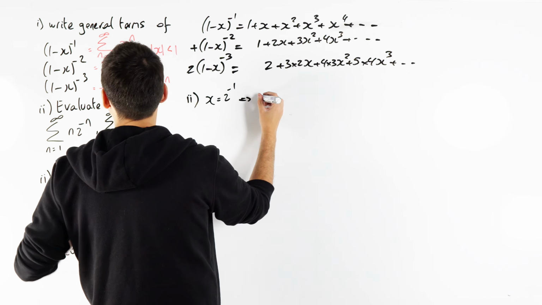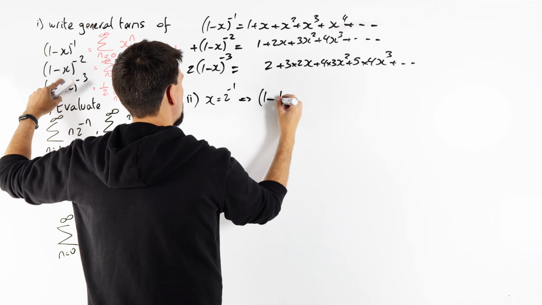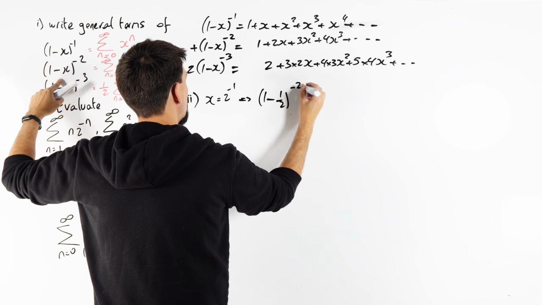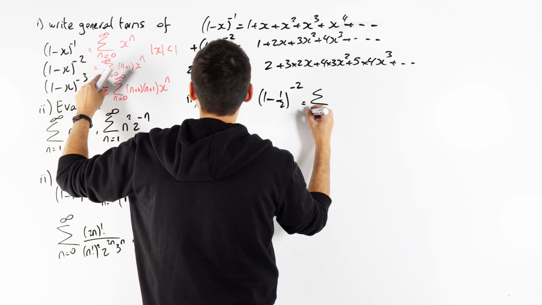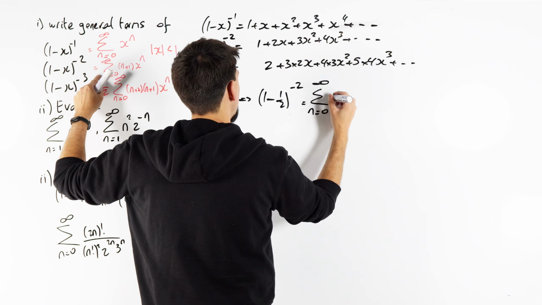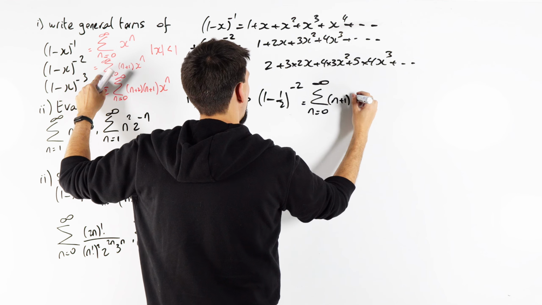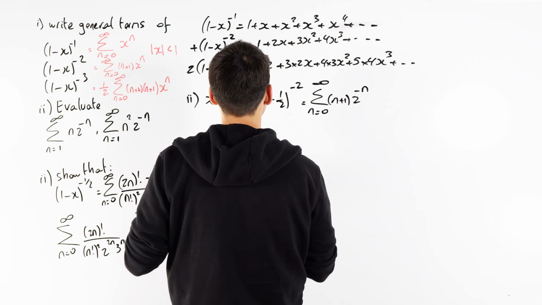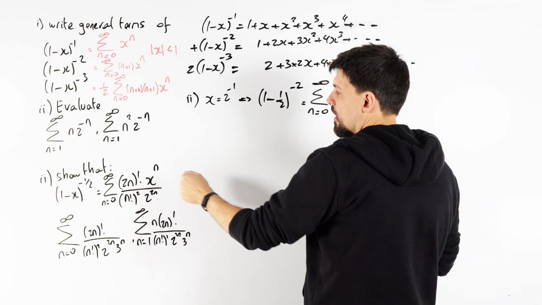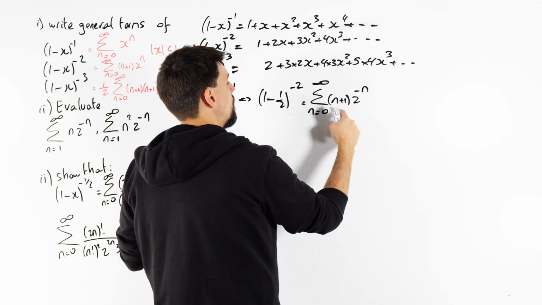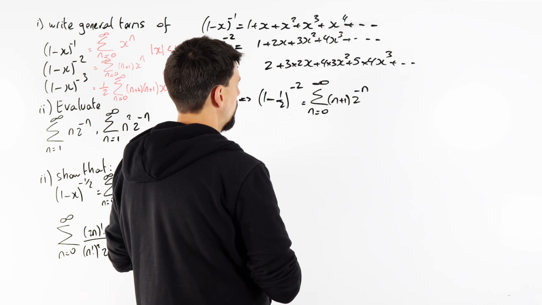All right, so let's plug that in. That is 1 minus a half to the minus 2 is equal to the sum, n is 0 to infinity, of n plus 1, 2 to the minus n. Now, I want both of those to be the same.